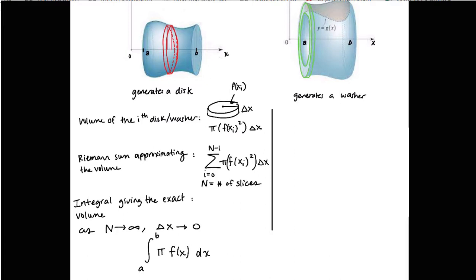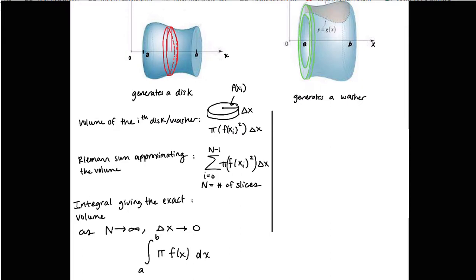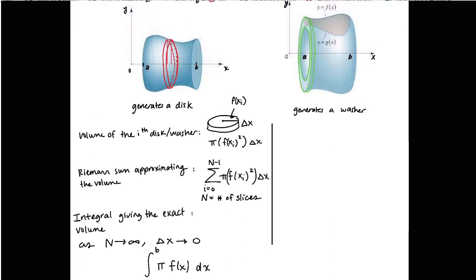Okay, so carrying that same concept, let's look at the volume of our ith washer that we have in green here. For the washer, I'm going to draw it a little bigger than I drew the other one.